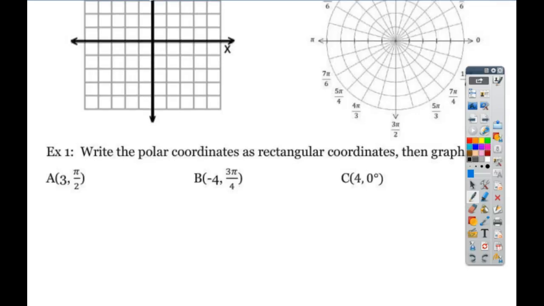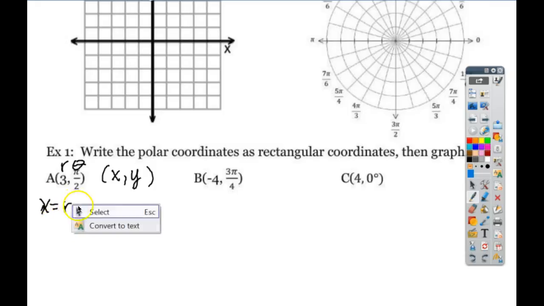I've got r and theta, and I want to end up with x and y. To do that, to get my x, I'm going to take r cosine of theta.